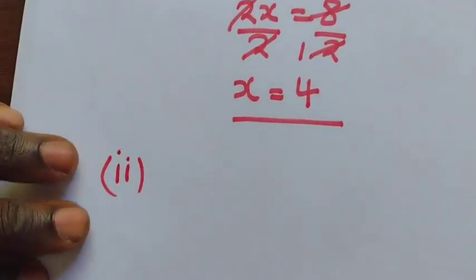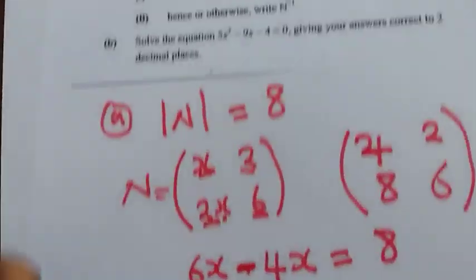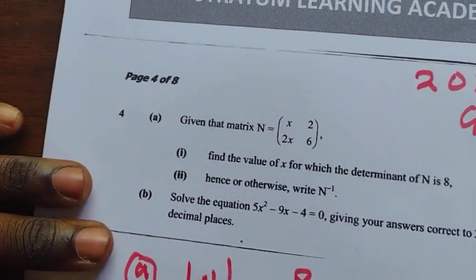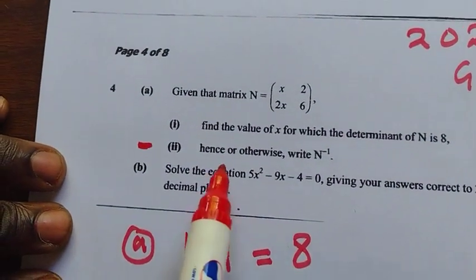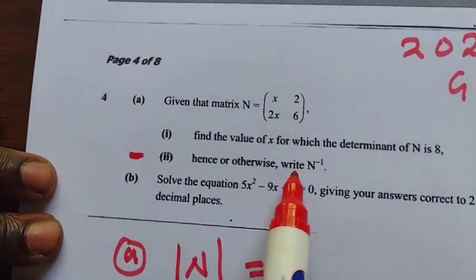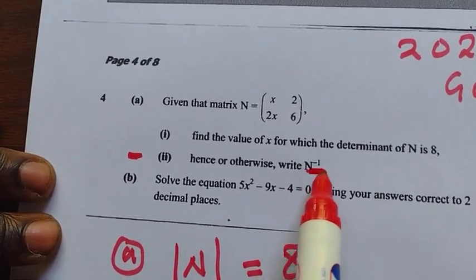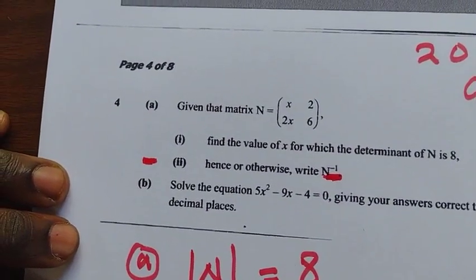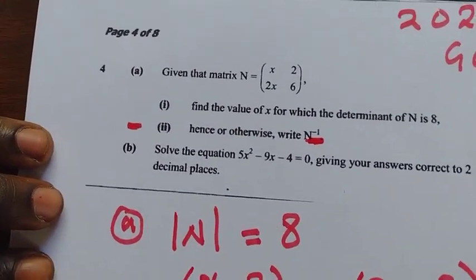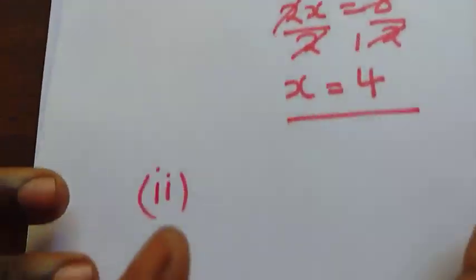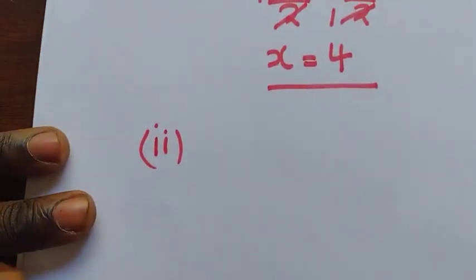In case you don't know the question 2 they are talking about, let me show you. This is question 2, where they are saying, hence or otherwise, write N inverse. So how can we write the inverse of the matrix? It's very simple. There's nothing complicated.